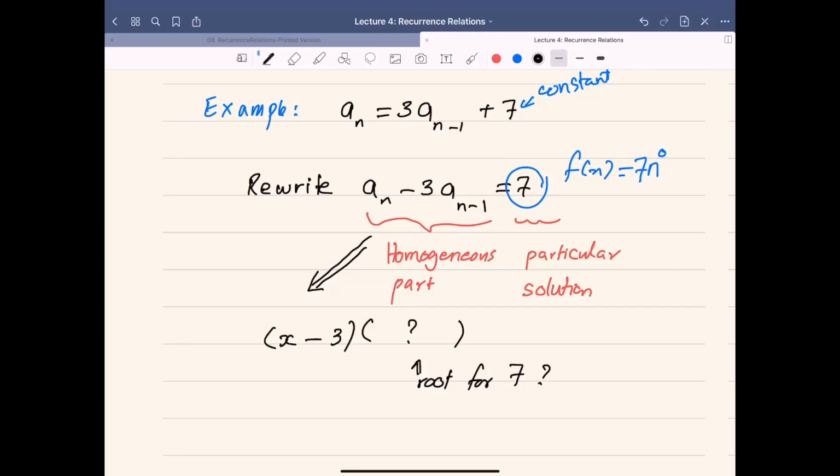And also look at the characteristic polynomial. We have roots for the homogeneous part and we have roots for f(n). The roots you find for f(n), maybe 1, maybe 2, maybe 3, should be multiplied by the roots of the homogeneous part. So you don't add them, you multiply them here.